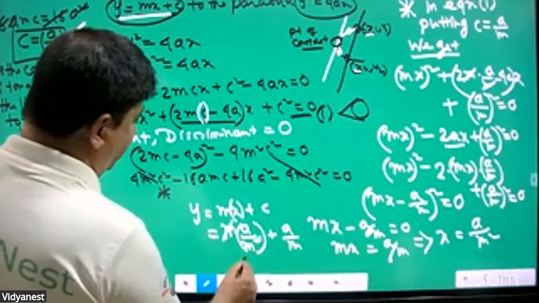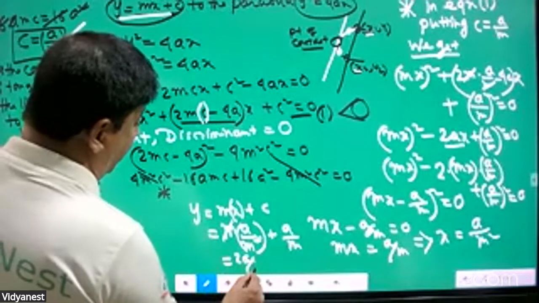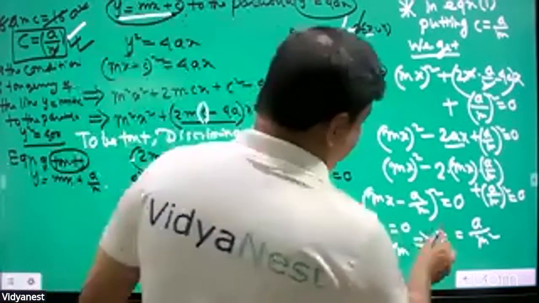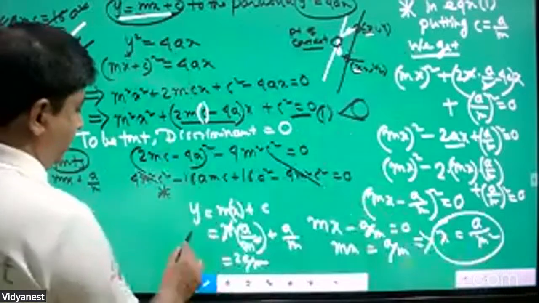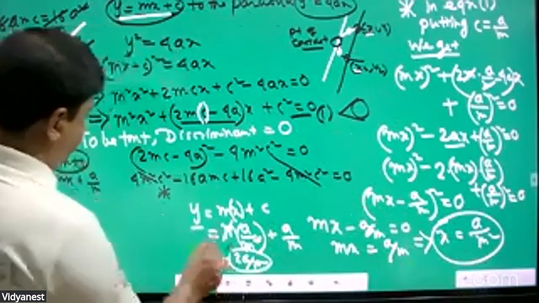One m will get cancelled. 2a by m. So x is a by m square, y is 2a by m.